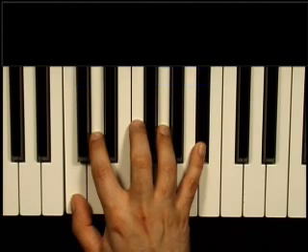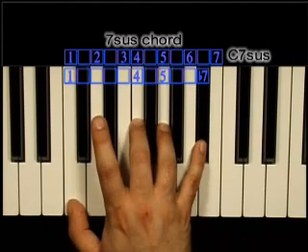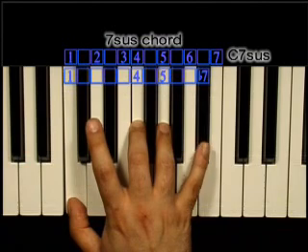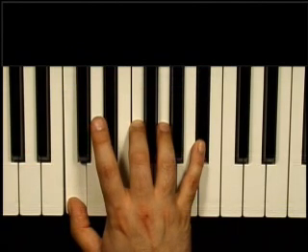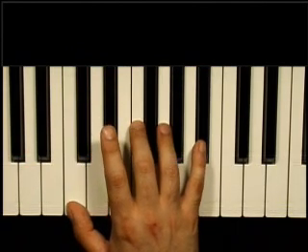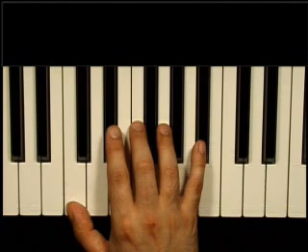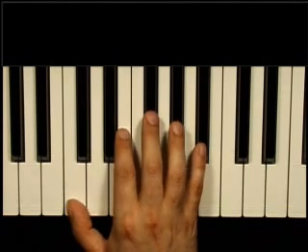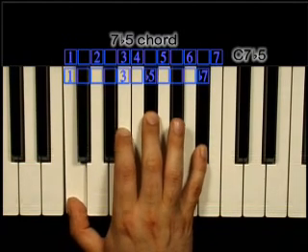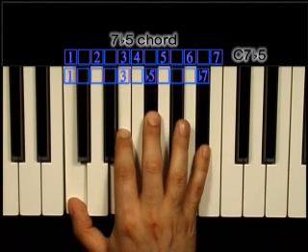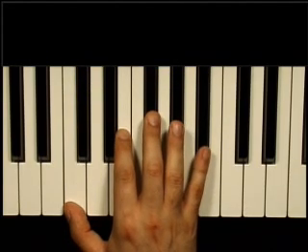Next is the dominant sus. 1, 4, 5, flat 7. Again, just as with the other sus chord, sometimes you'll see it written as just dominant sus or dominant sus4. Next comes the dominant flat 5. 1, 3, flat 5, flat 7. The next is the half diminished.